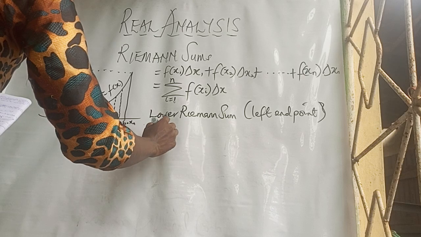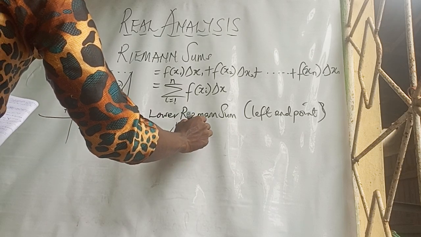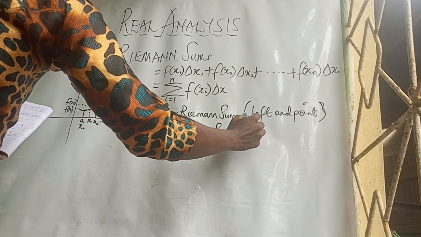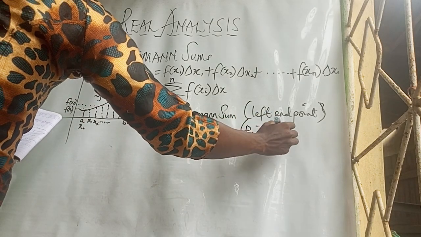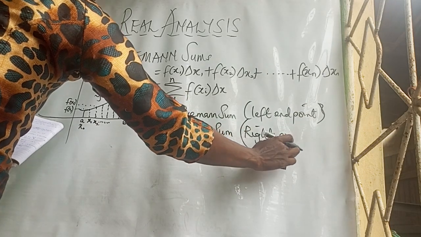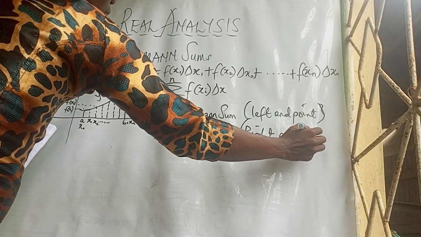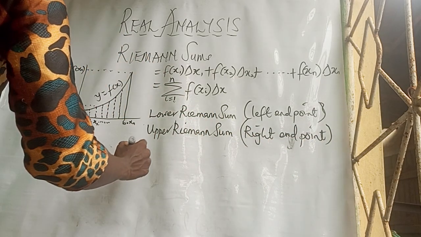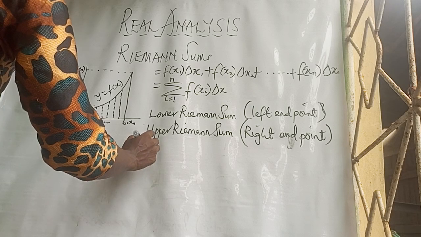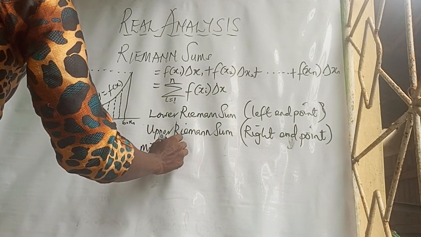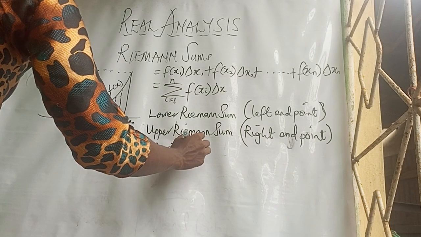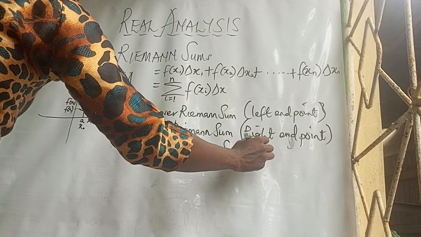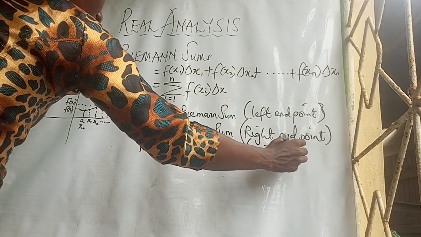We have the upper Riemann sum, which will make use of the right endpoints, and we have one which you can call the midpoint. This will make use of the midpoint of the interval.